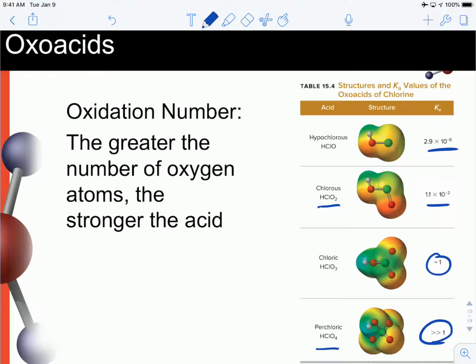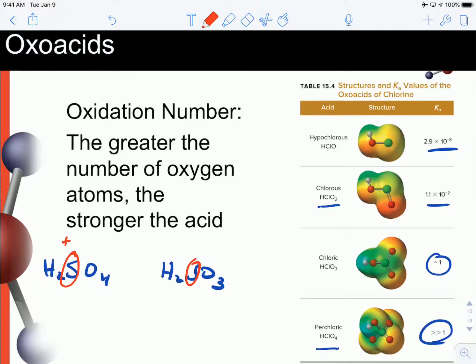So the key here is that if you were to look at something like this and compare these two, the oxidation number is really the theoretical positive charge that resides on that central atom. We talked about this in Gen Chem 1, how to calculate that. I'm not going to go through this right now. I'll talk about it in class.